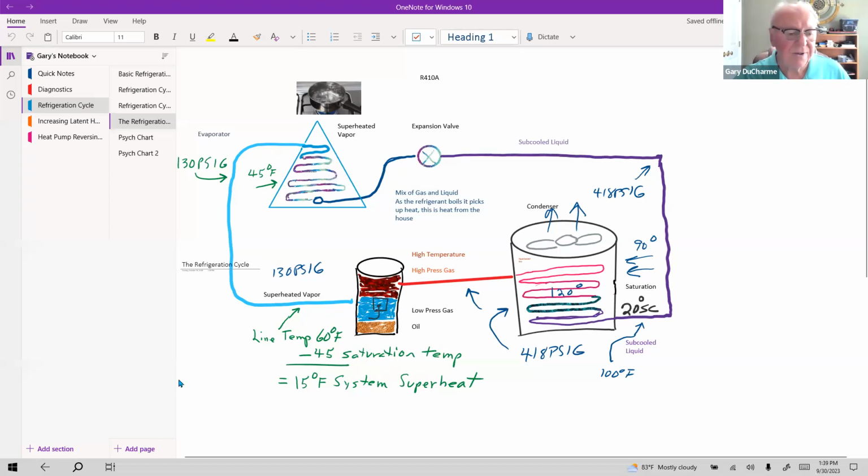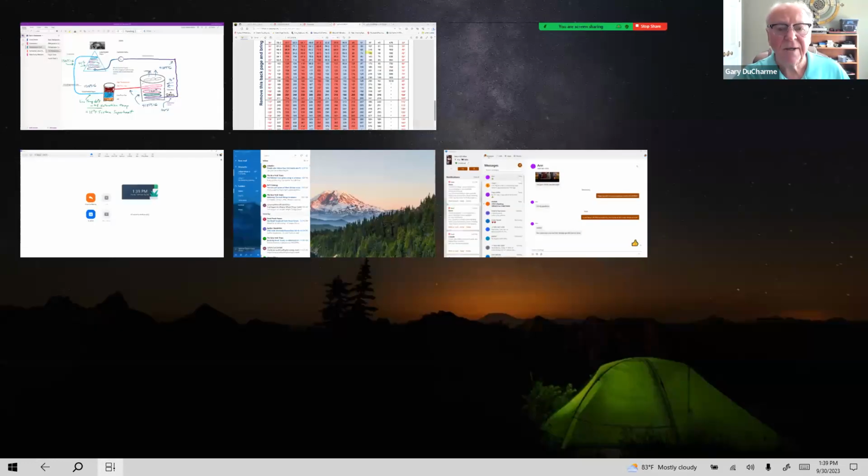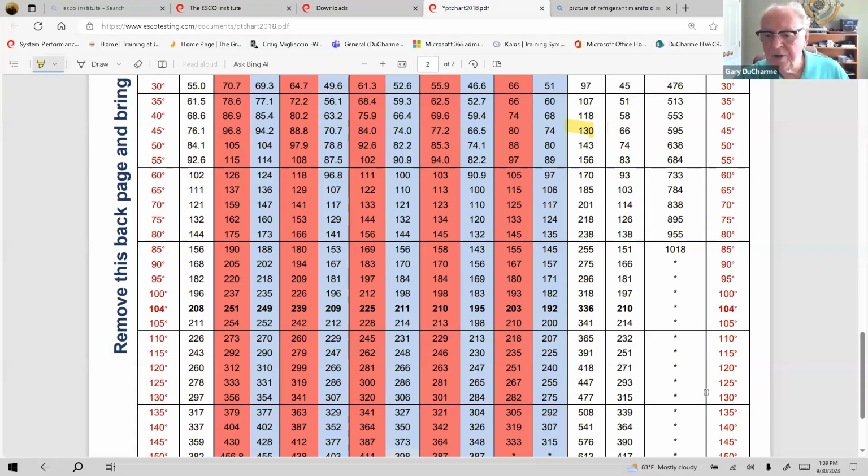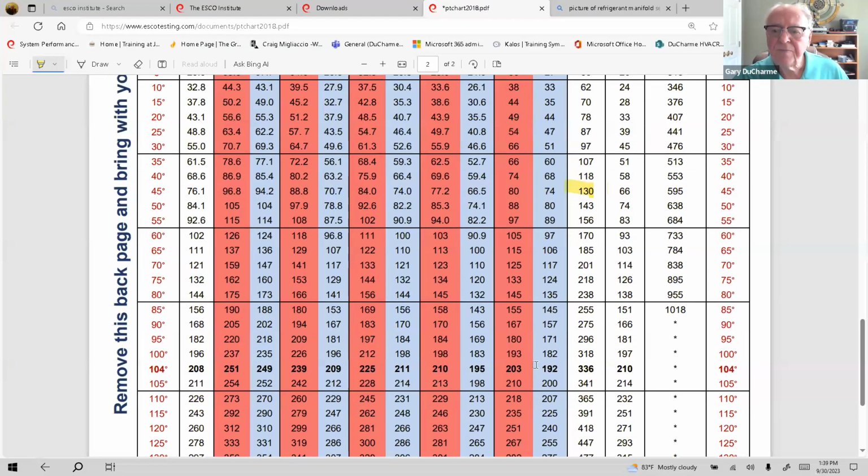It'll be dropping down. So if we look at our chart again, and we look at 32 degrees, which is where we would be if we started to freeze that evaporator coil. If we had a dirty filter, for example, we are going to start at 130 psig at 45 degrees.